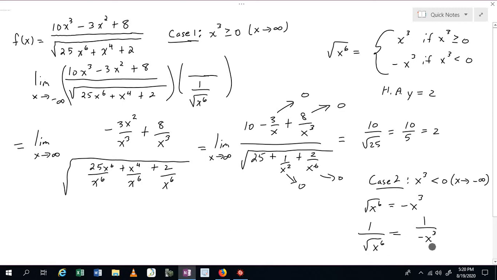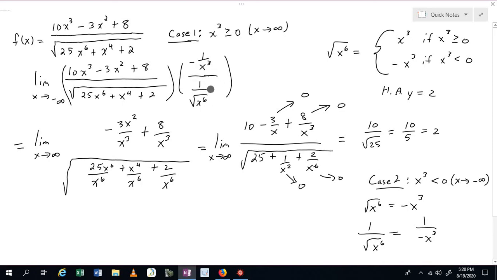So that's what this is equal to. It's not equal to 1 over x cubed. It's 1 over negative x cubed. And so if I want this to equal 1, and it has to equal 1, otherwise I change the value of this function, then I actually need to multiply the top by negative 1 over x cubed. Okay, so this is equal to 1 in this case.